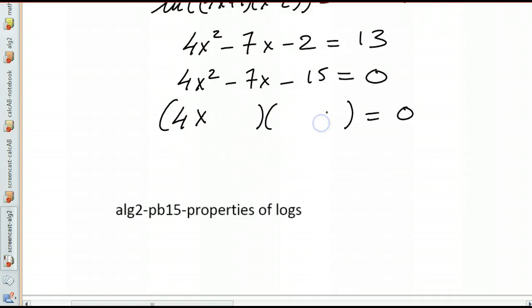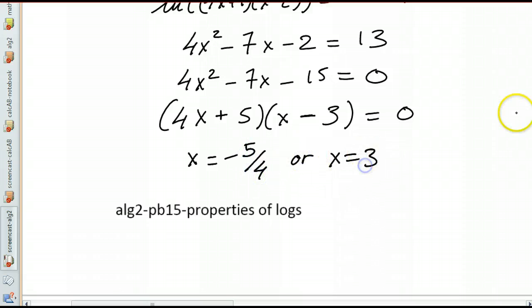Maybe let's put the 3 right here. 12 and a 5. You can make a negative 7. So I want negative 7, so I need a negative 12. Negative 12 plus 5, right? Plus 5x minus 12x is negative 7x. Yep, that works. So I have x equals negative 5/4 or x equals 3.